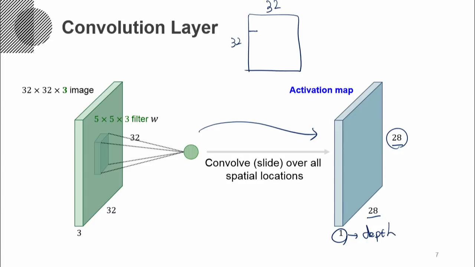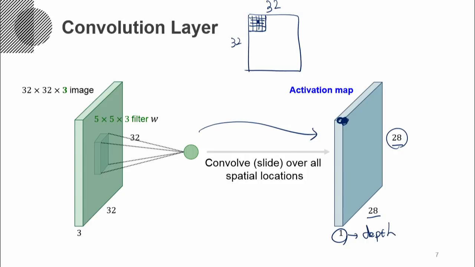The leftmost position will be here, and the activation map entry corresponding to this position corresponds to the input pixel positioned in this place.